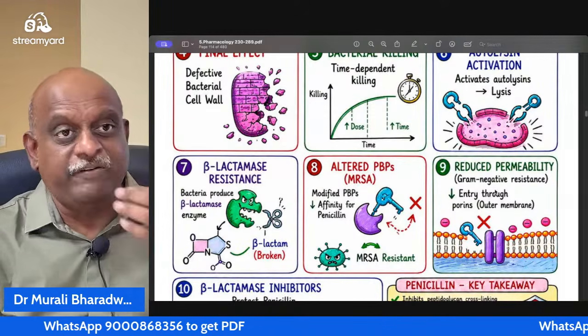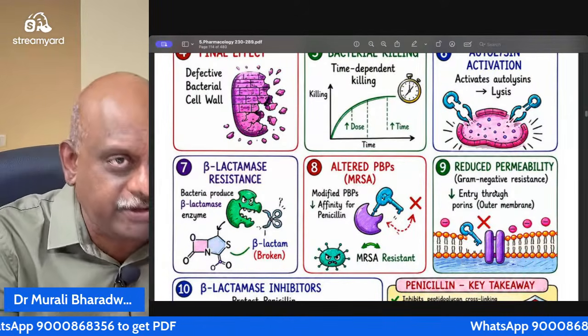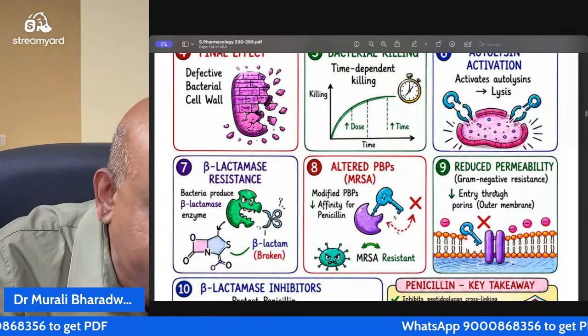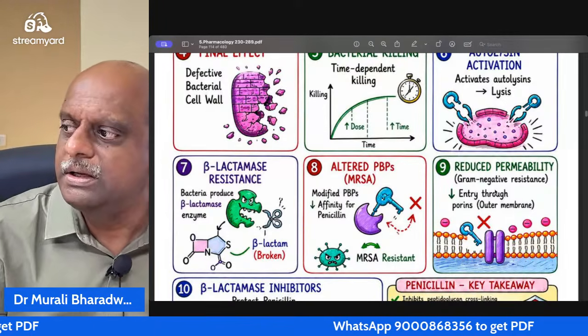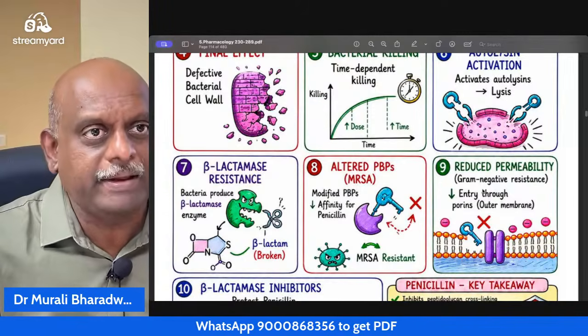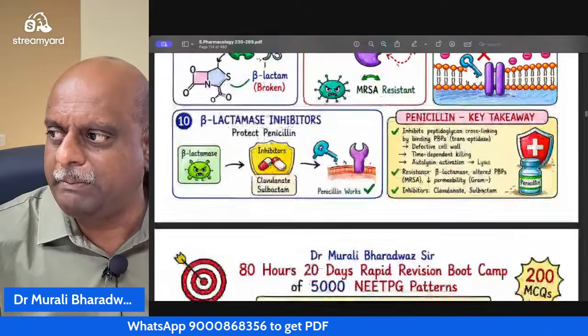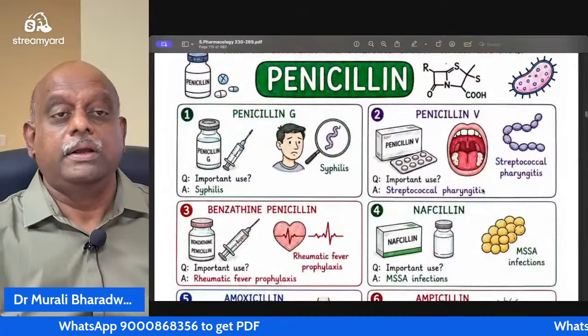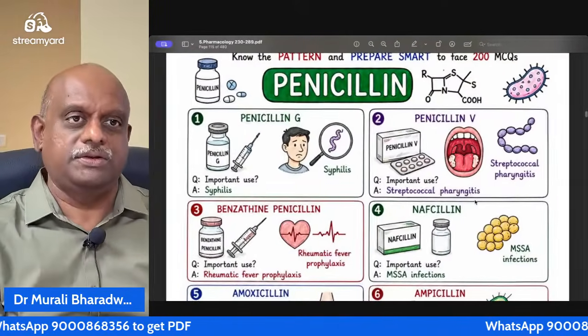So why are they not that effective on gram negative, only more effective on gram positive? Because they have reduced permeability in gram negative, is what we need to remember. Now, let's look at the indications.